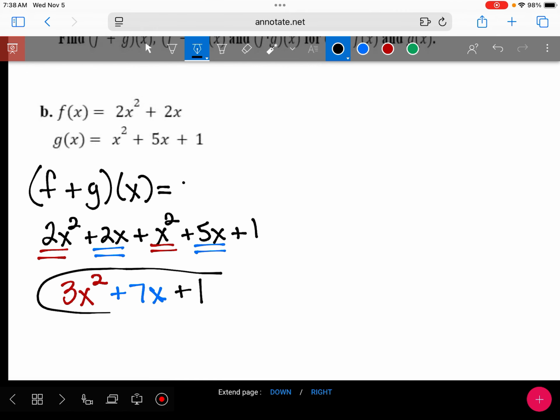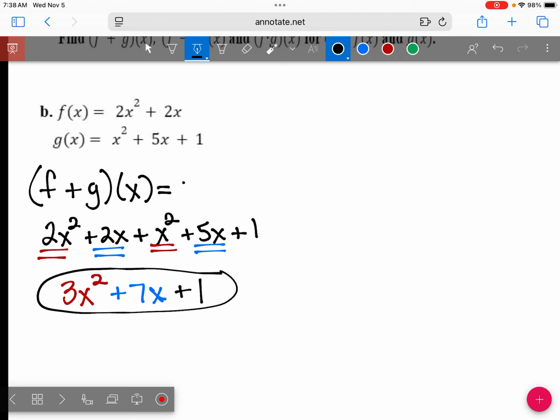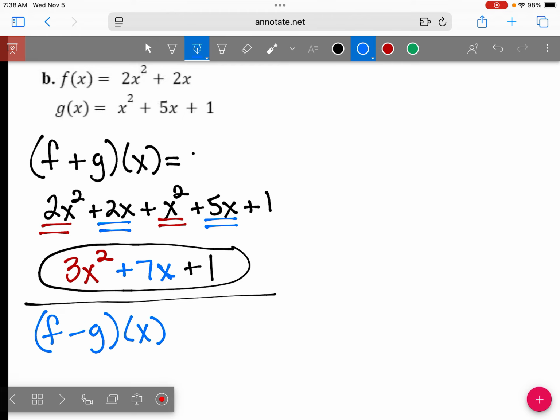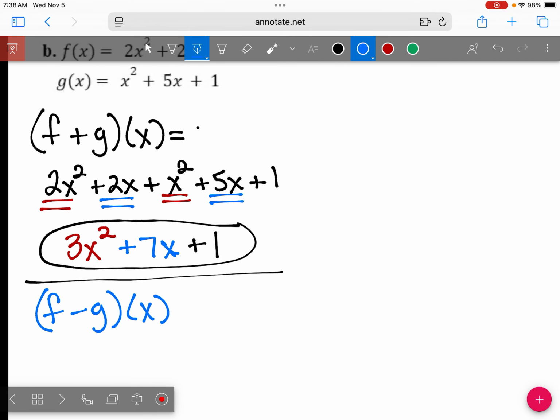So that's my first answer. We're looking for 3 answers, because we have to do all 3 operations. We're going to add, subtract, and multiply. So now let's subtract. f minus g of x. Now I want you to put your f function first.